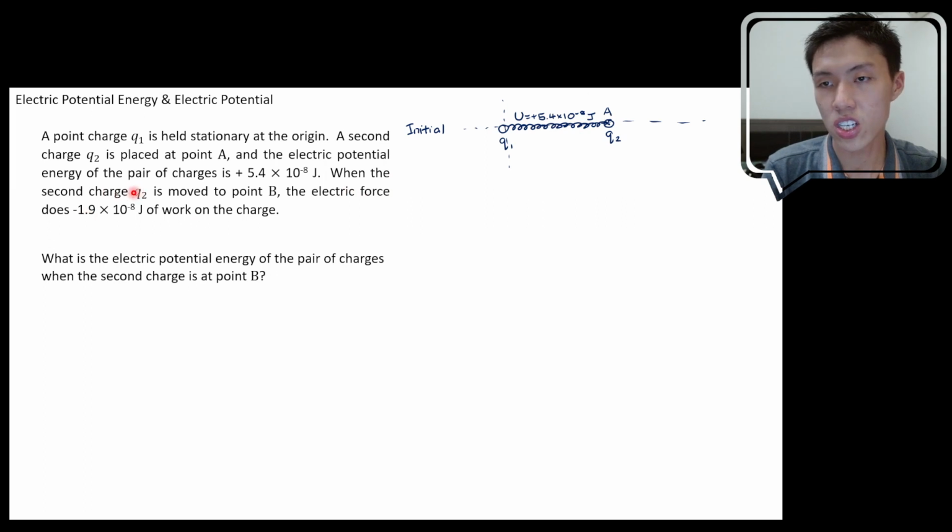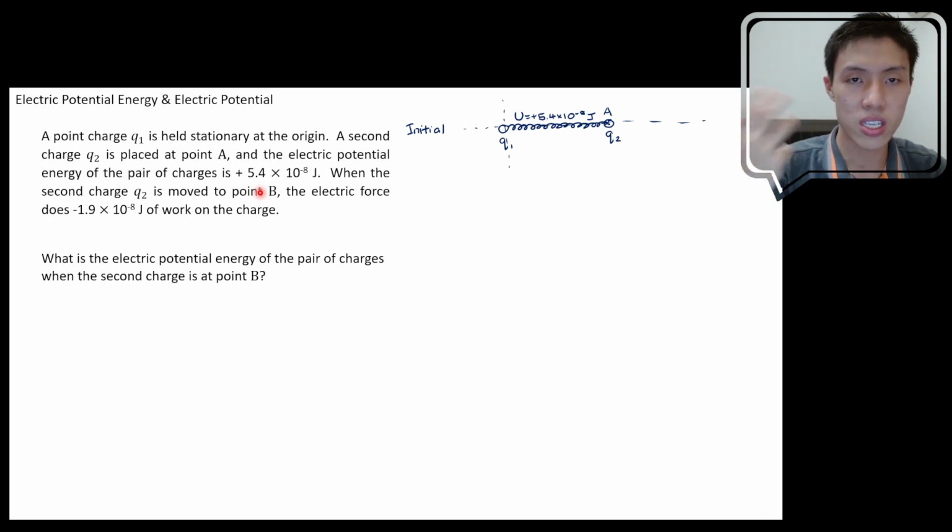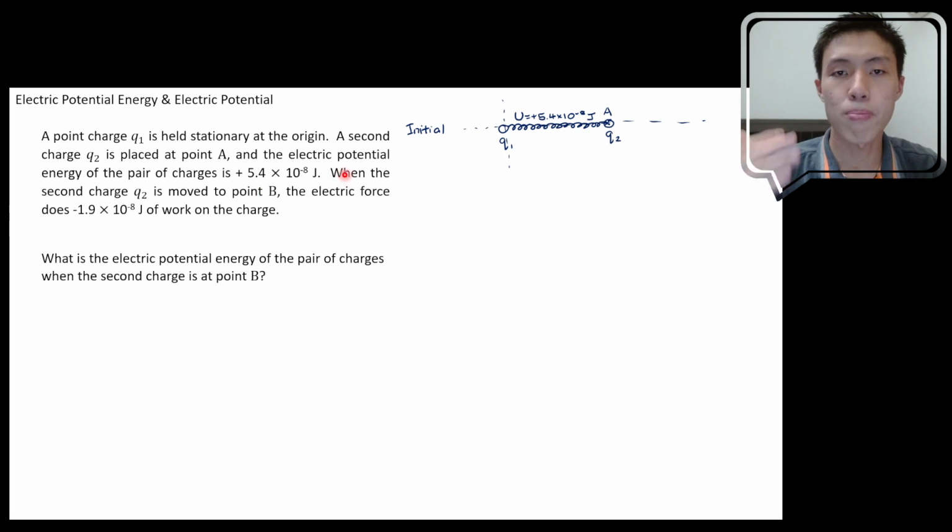Then the second charge Q2 is moved to point B, another point which we don't know is further away or nearer to Q1. They didn't specify it, but they say that the process of moving Q2 from point A to point B involves the electric force doing this much work.